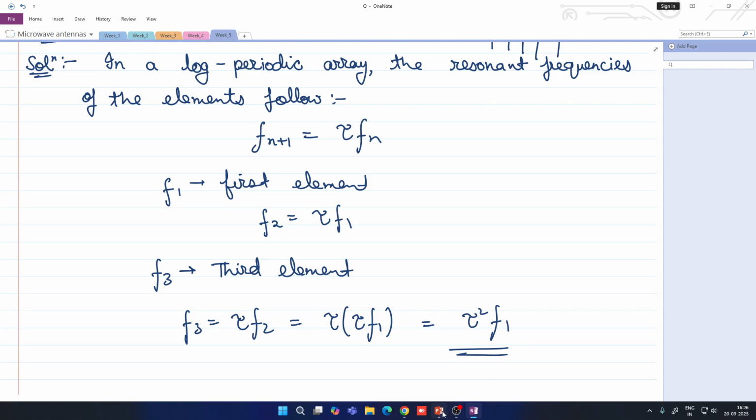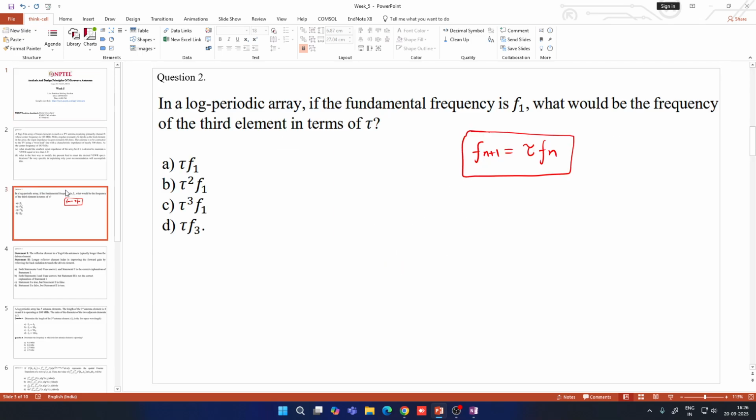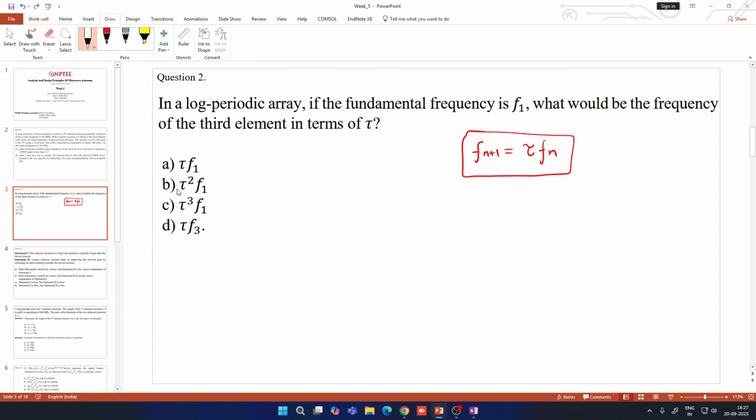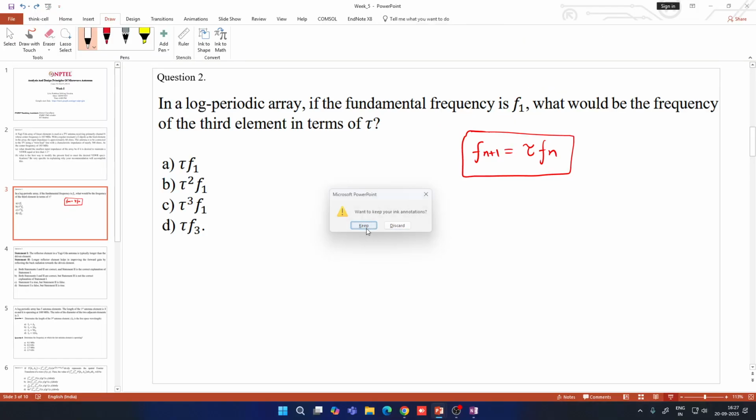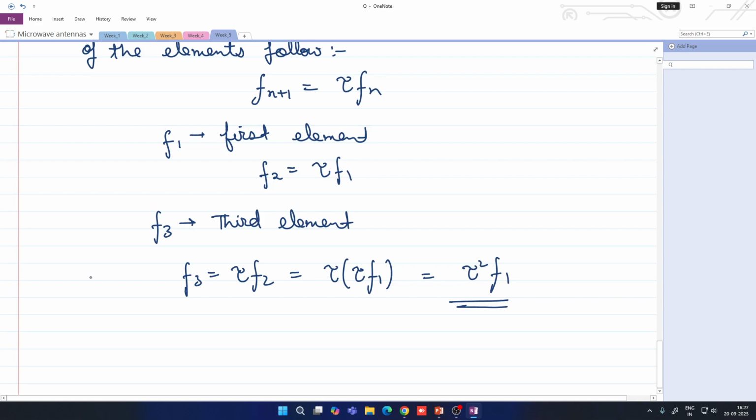Now we will match with the given options. So the correct option is option B, tau square f1. So I hope this is clear. If you have any doubt in this, please let me know.